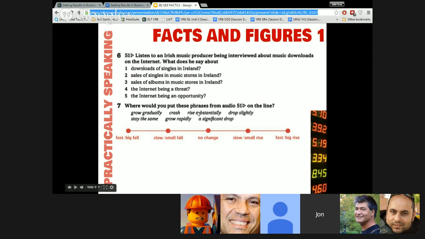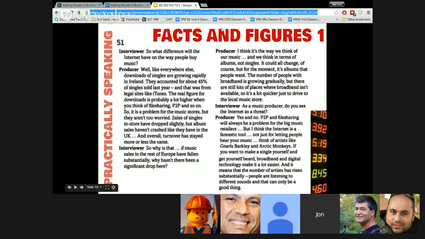Okay. Well, one thing we can do is you can always go back to the text if you like. Don't forget you have the link in the notes, but you can also click on this link in the chat window if you want to take a look close up. You can find these words in the text, the ones I just read when I read the interview. Look at the very bottom. It says sales of singles. Can you see that?